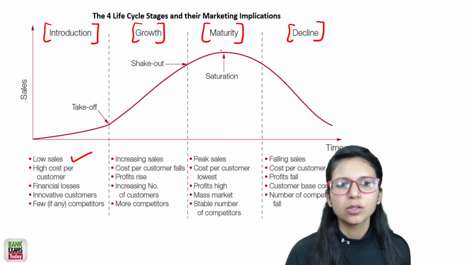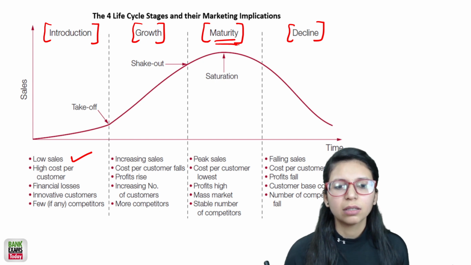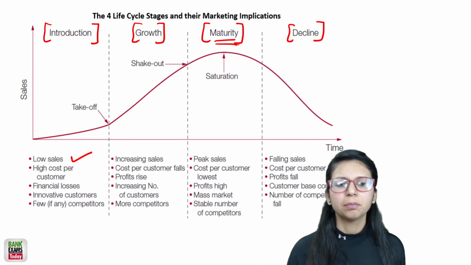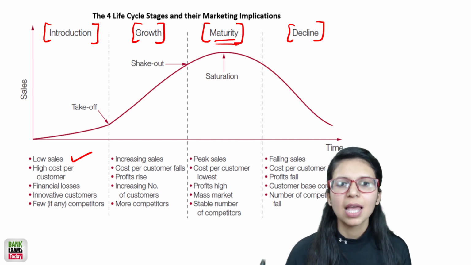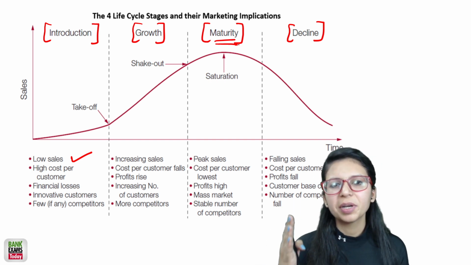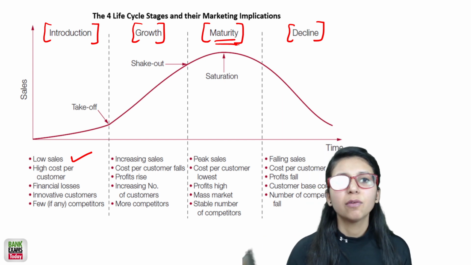So then there will come a stage when profits will be high but competitors are stable. And once the competitors come, your product sales will fall.